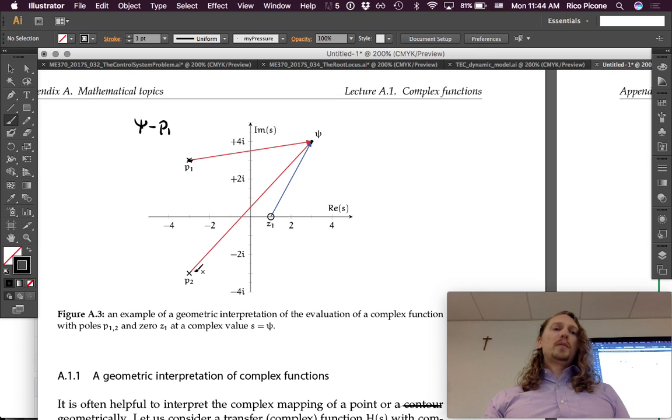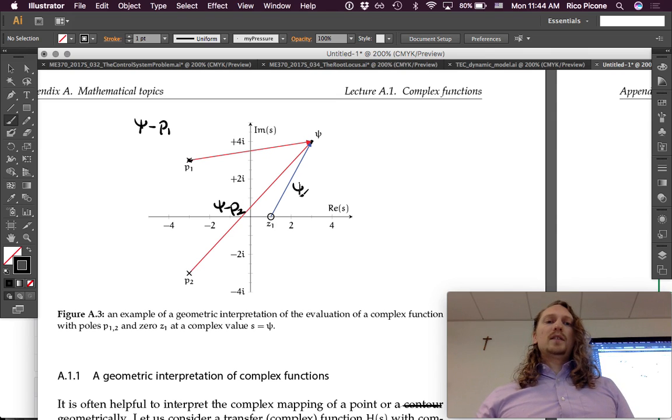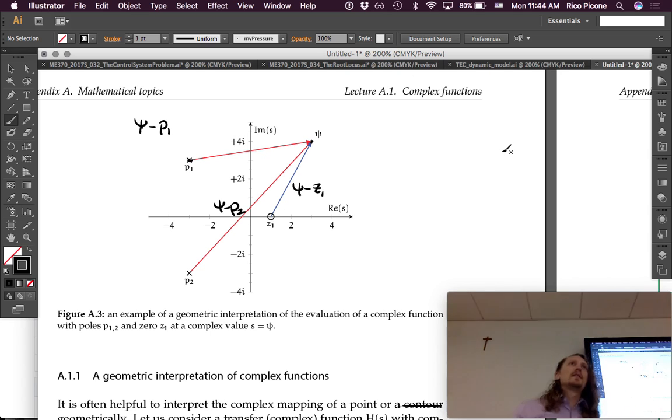And the same is for P2. You can think of it as a vector that starts at P2 and goes to psi. This is psi minus P2, and this is psi minus what? Z1. Yeah, Z1. So these are these vectors, and this is the geometric aspect.